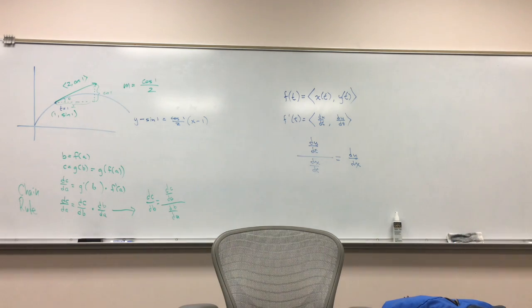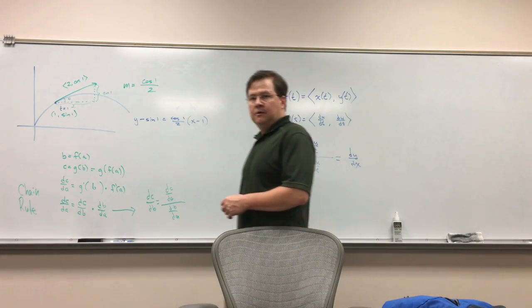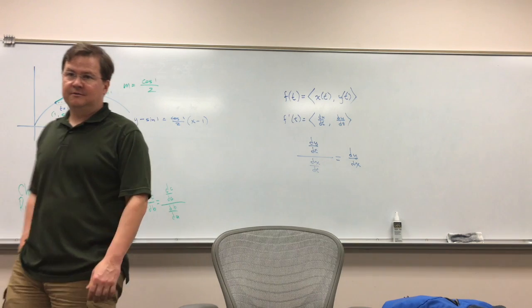So in a three-dimensional vector, it's pretty much the same, but it will be dz over dt over dy over dt over dx. Well, the thing is, in 3 space, what do you mean by slope?